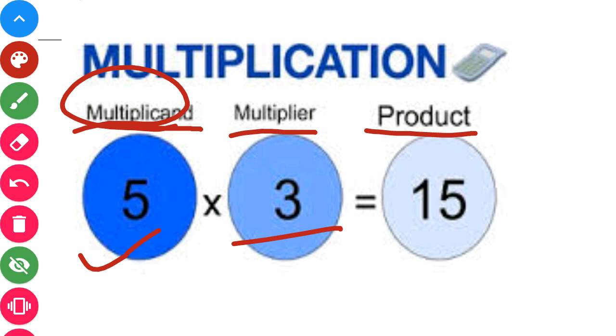Okay. And the answer that we get of the multiplication is called product. Okay.